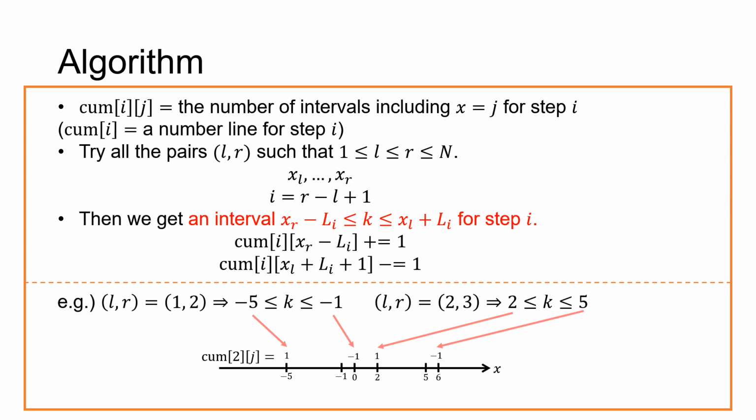A pair L and R means the consecutive items from x_L to x_R. We define i as the number of consecutive items, and it also means a condition about step i. We have i inequalities from a pair L and R, but we can put them together as in red ink. Then we record the information about the interval in cnt[i] as follows.